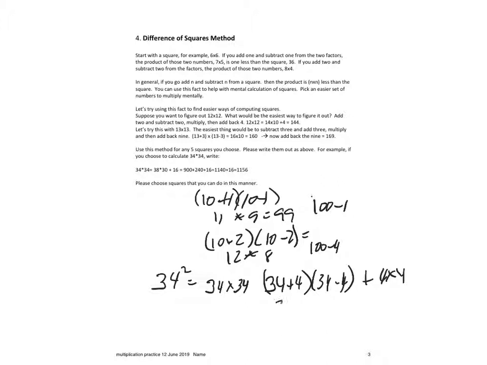So 38 times 30 plus 16, well, what would that be? Well, 30 times 30, split it up like we did with the distributive property, we get 900. 30 times 8, 240, plus 16, add it together, we get 900, 1140, plus 16, 1156.